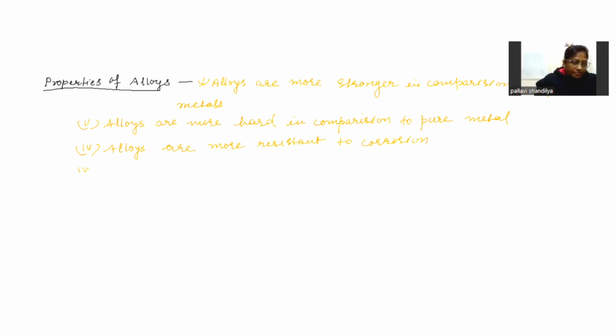And fourth, alloys have lower melting point in comparison to pure metal.